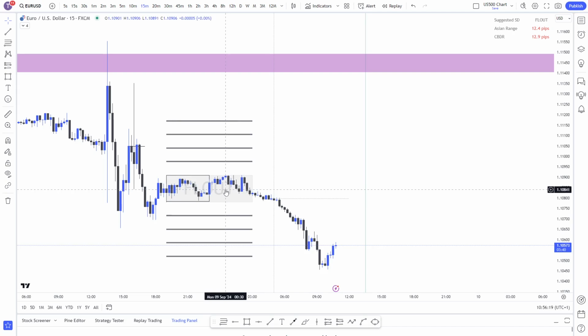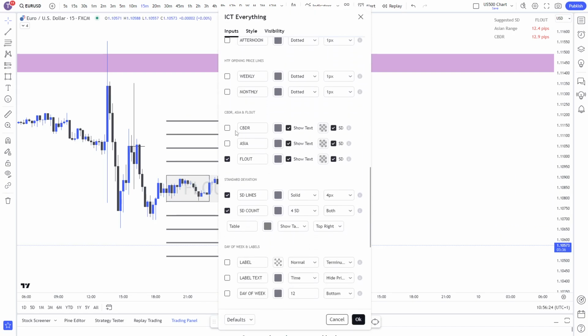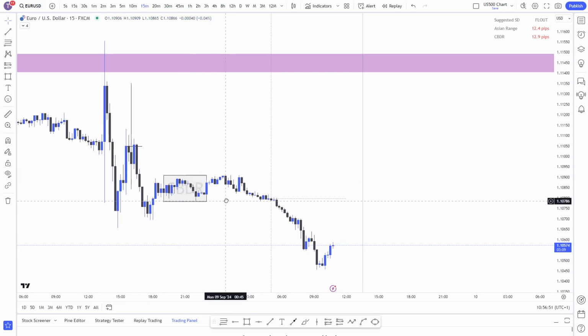I think the best thing you can do is utilize the central bank dealers range, untick the flout completely, and basically if it's any less than 10 pips, just ignore it. The central bank dealers range is what the algorithm refers to. It does not refer to the flout. I don't know who made this up. I think this was one of ICT's lessons where he got a bit carried away, because in my eyes, the flout doesn't really work as well.